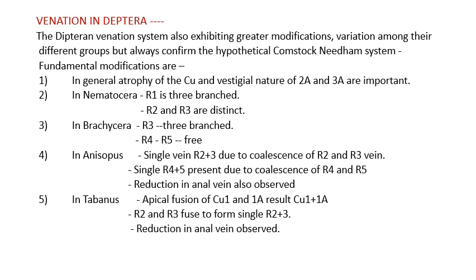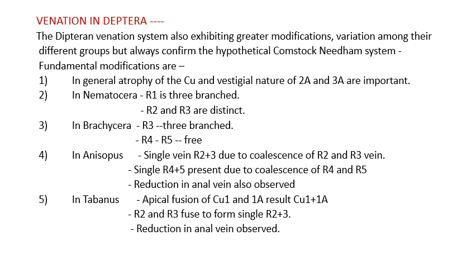R2 and R3 are distinct. In Brachycera, R3 is 3 branched, but R4 and R5 are free. Similarly, in Anisopus, there is a single vein R2+3 due to the merger of R2 and R3, again R4 and R5 have been merged together, and reduction in the anal vein has also been observed.